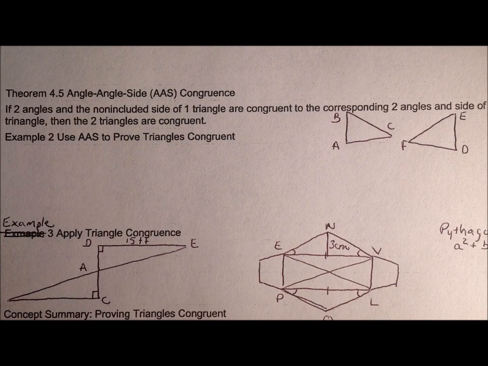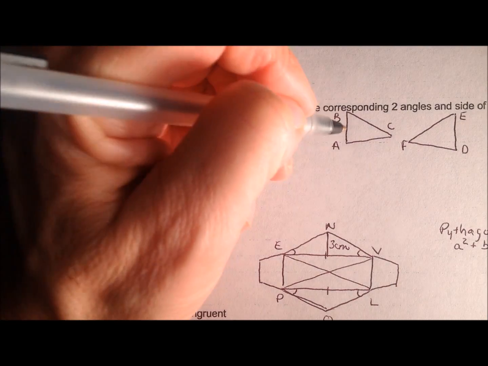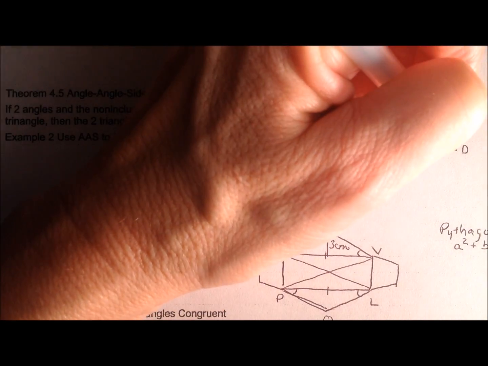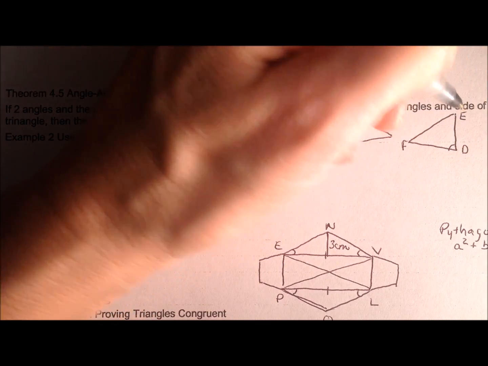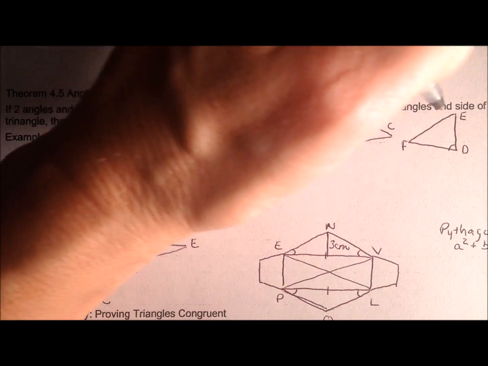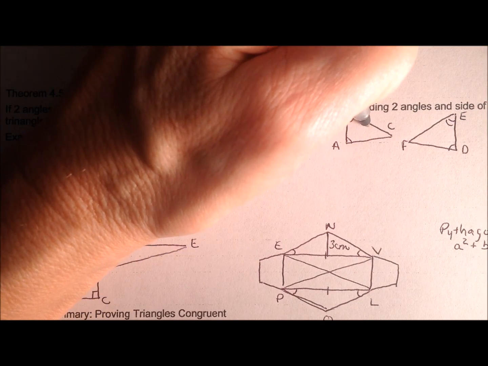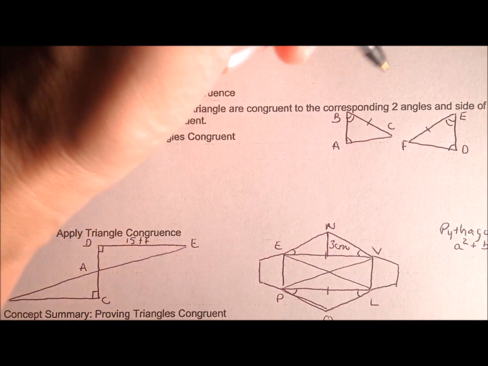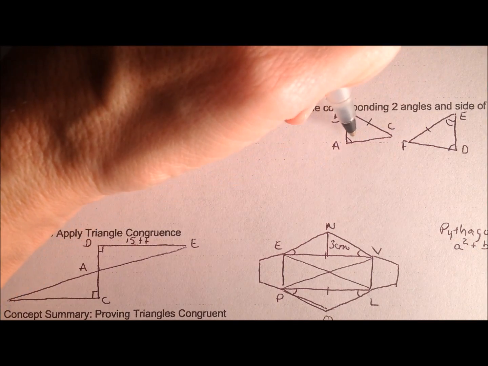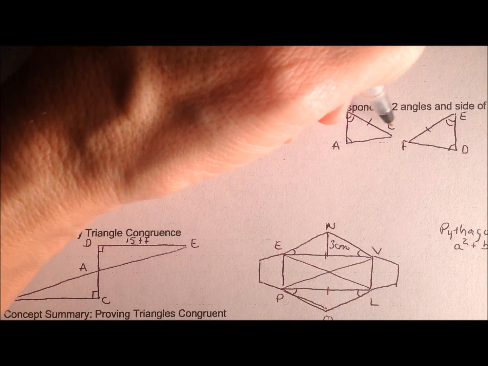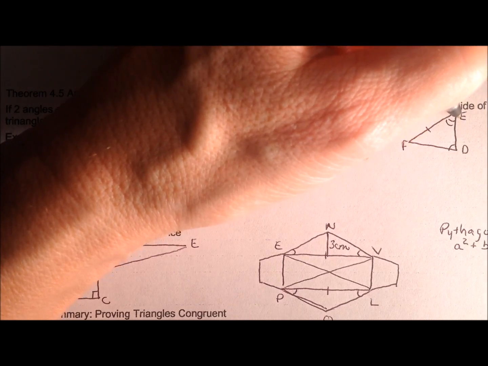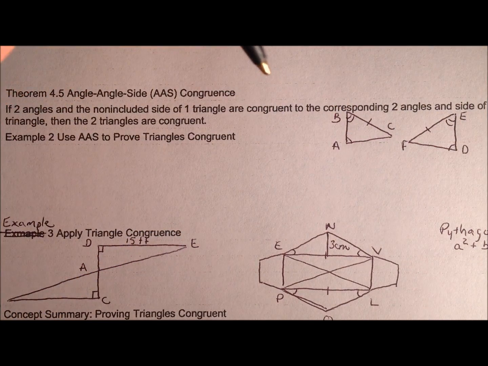So in this case, we have angles A and D congruent, angles B and F congruent, and sides BC and EF congruent, and in that case triangle ABC and triangle DEF are congruent. We're going to skip the proof of that theorem, and now we're going to look at this example.